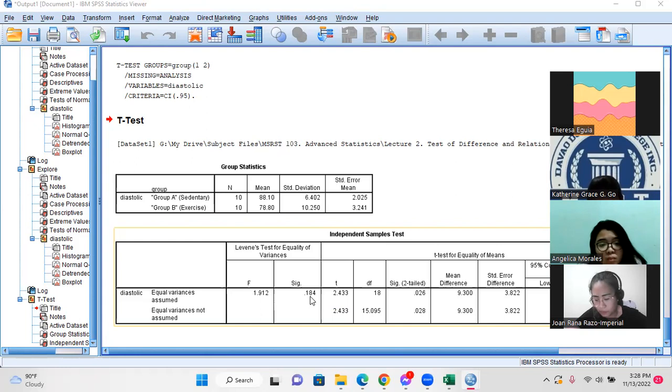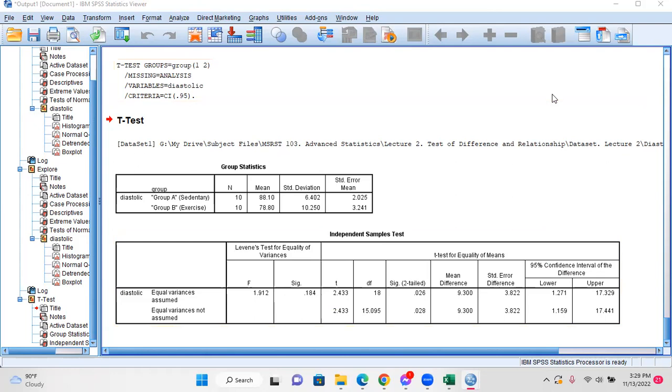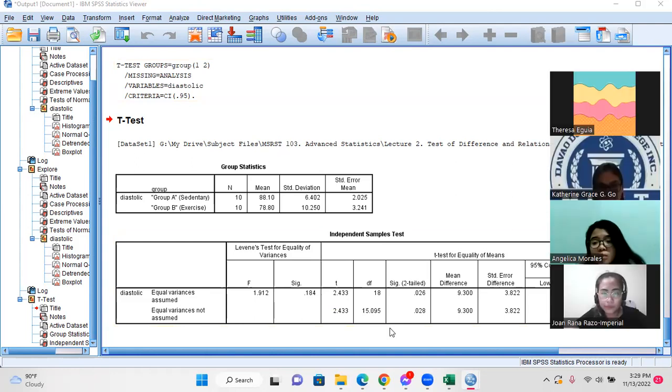And then we are going to use the equal variances assumed, etong sa taas. Upper, lower lang. So, anong titingnan natin?